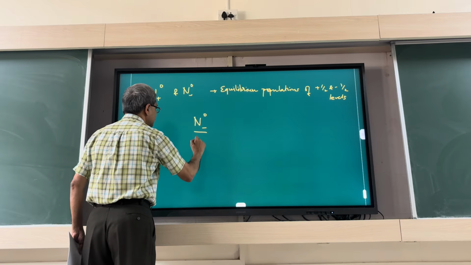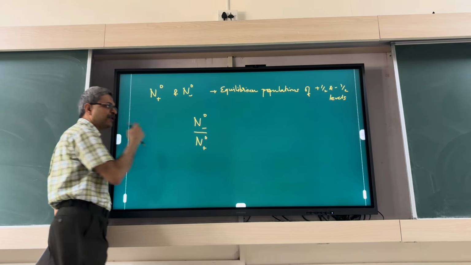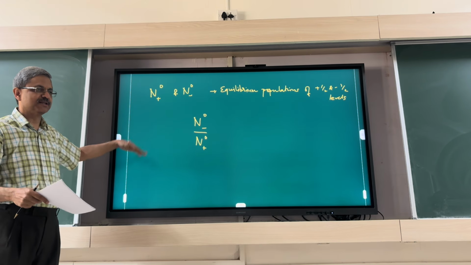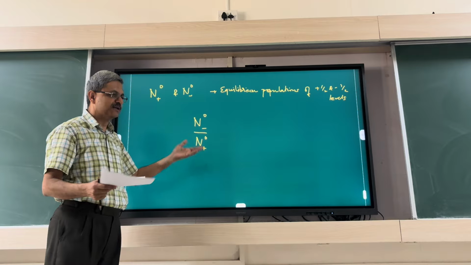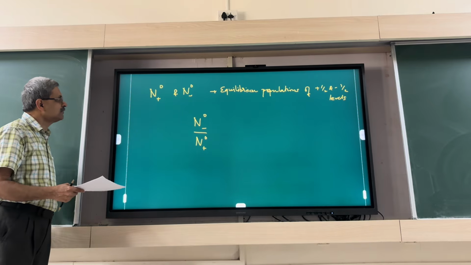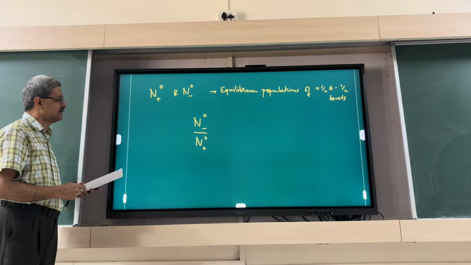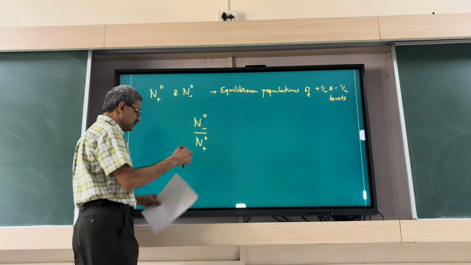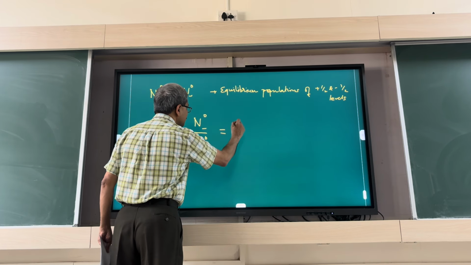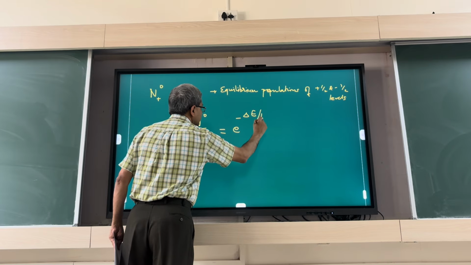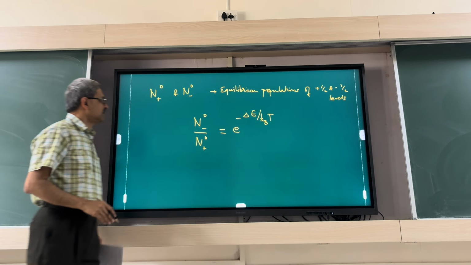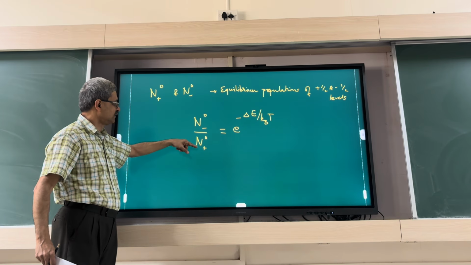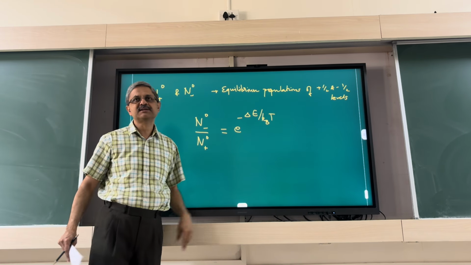Earlier you didn't need to define any temperature. You have just two levels, only transition between the two, so finally no population difference, whatever you start with. Now that you have some coupling with the lattice, that's like a bath, it has a temperature. Just by following the Boltzmann distribution, the population ratio of the higher state to the lower state is given by this Boltzmann factor.